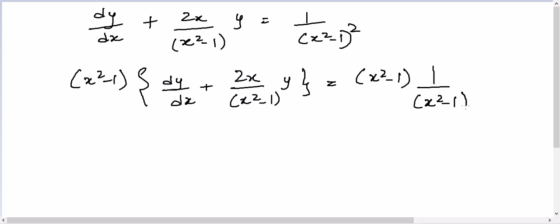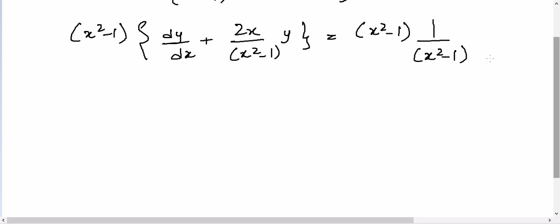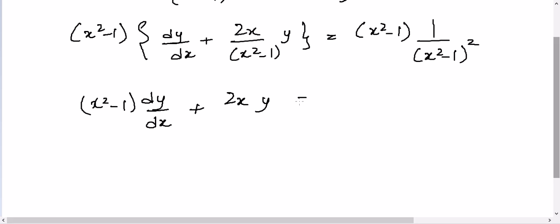So guys, square again, so it will be x square minus 1 dy by dx. Here the x square minus 1 will get cancelled, so it will be this, and on this side it will be x square minus 1, right guys?